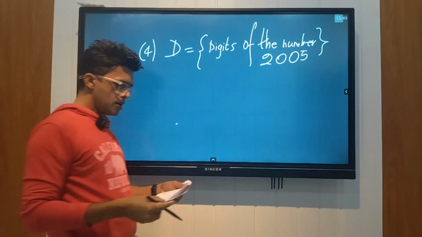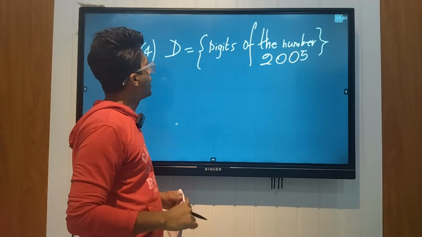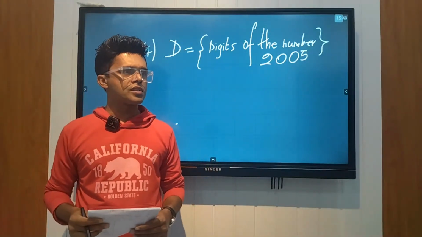Digits of the number 2005. How do you write the elements of this digits here?